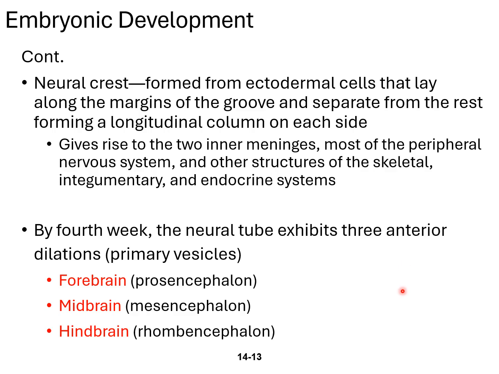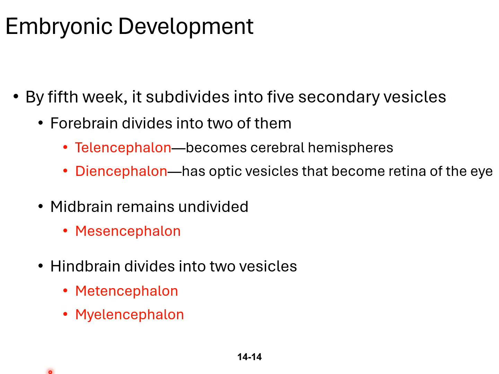The long tube becomes the spinal cord. But the hindbrain, the rhombencephalon, differentiates into other structures. The mesencephalon differentiates into other structures. And the prosencephalon goes to other structures. And hint, the mesencephalon becomes the mesencephalon, so that one's kind of easy. And I guarantee I just confused you.